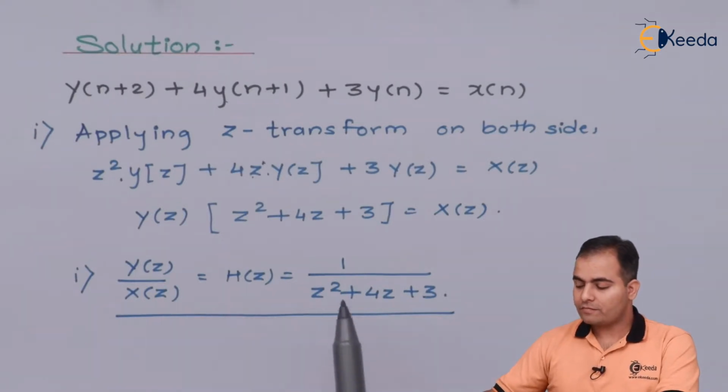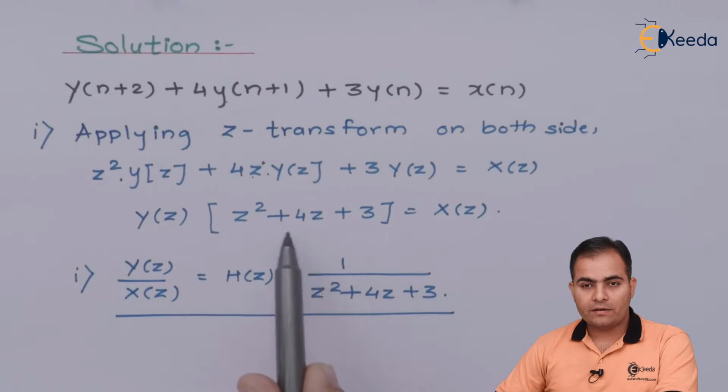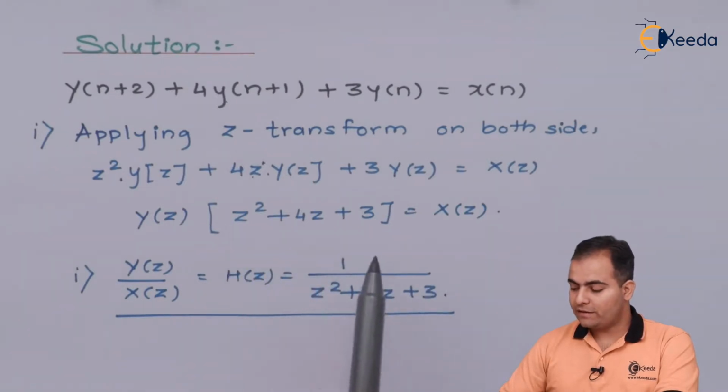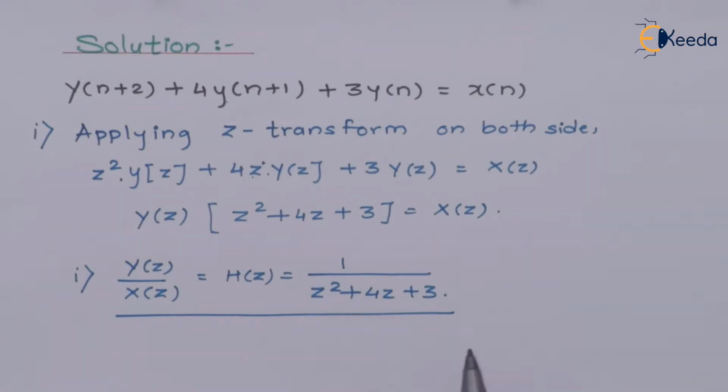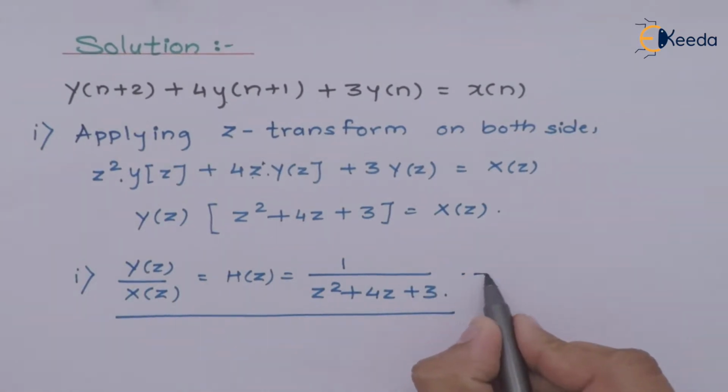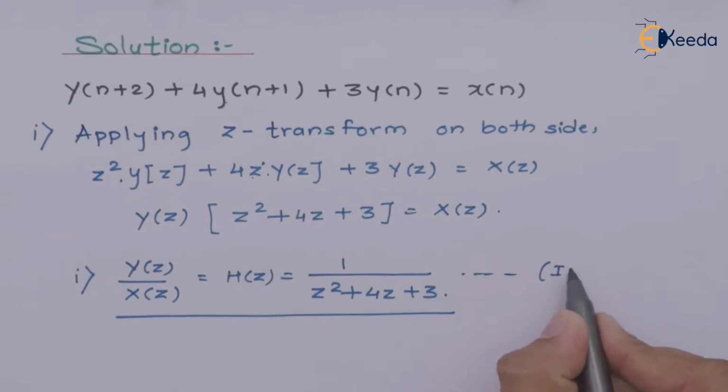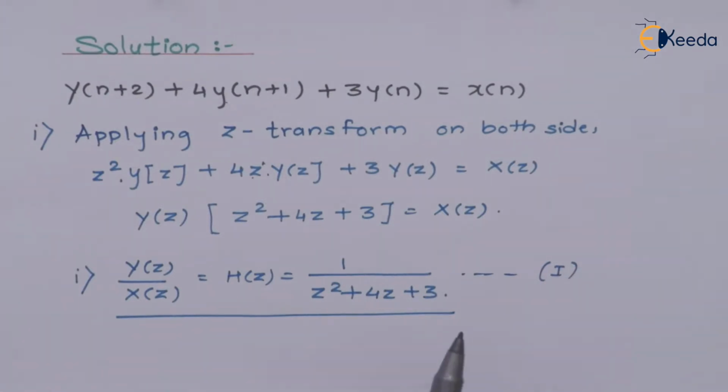Then we'll shift this product part to the right hand side, so it will be in the denominator, and you will get 1 upon z square plus 4z plus 3, and I'll mark this as my equation number 1, because I want this equation for further calculations.